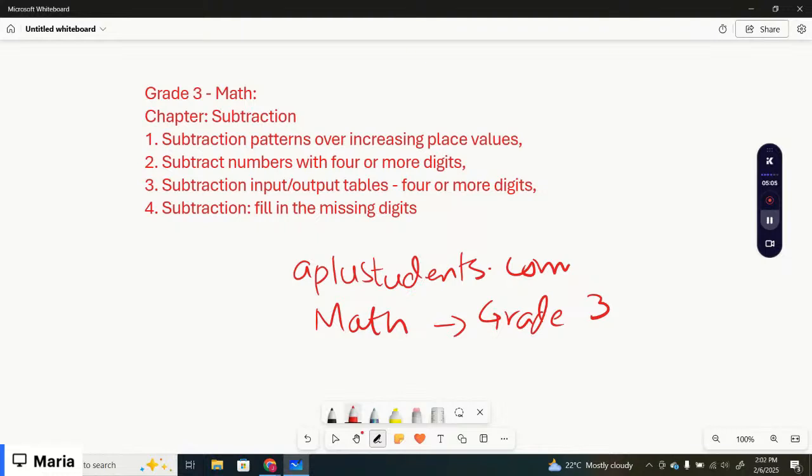We're going to start with the chapter subtraction. The lessons we're going to cover today are subtraction patterns over increasing place values, subtract numbers with 4 or more digits, subtraction in word problems with 4 or more digits, and then subtraction fill in the missing digits.